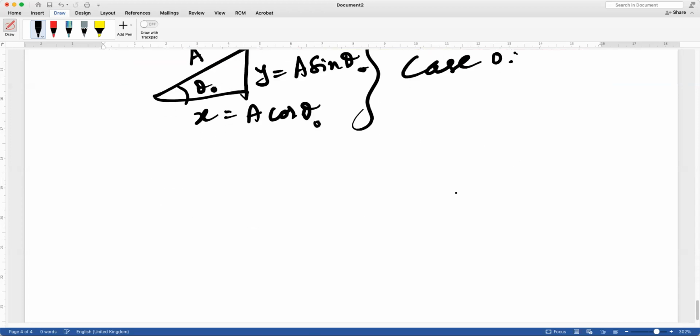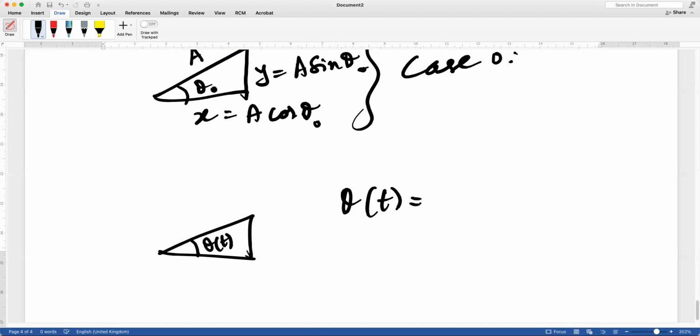But when you make the same right angle triangle, but now this theta is not constant. This theta is going to be a time varying quantity. And we already derived this theta is omega t plus theta naught. Do you get that? The initial value plus omega t.